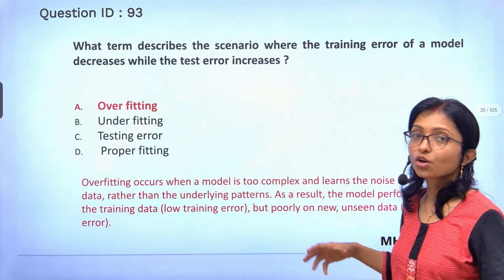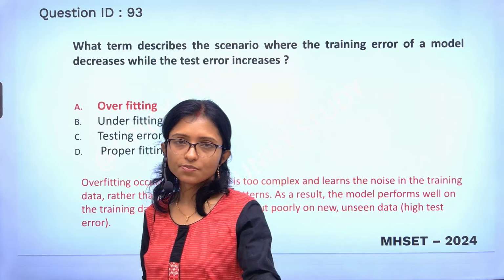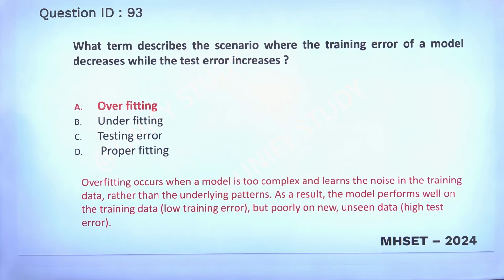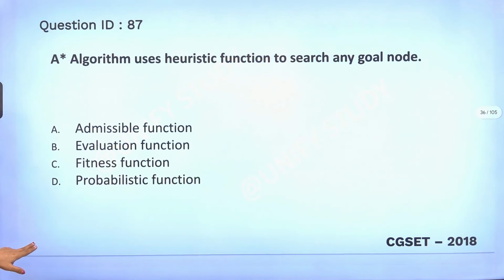Overfitting will happen when the model is too complex and learns the noise in the training data. If your training is not proper, then it will happen. So it is overfitting. Now next one.